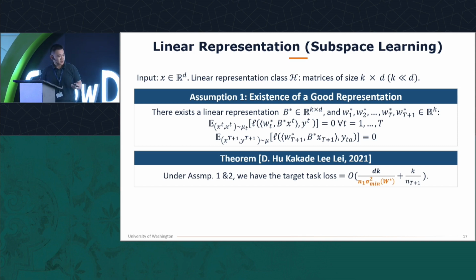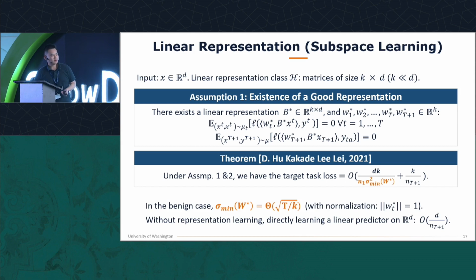All right, so here let me give you some more concrete example. Let's say in the benign case, you normalize the weight vectors for each task to be 1, and you have, say, a constant condition number for W star.